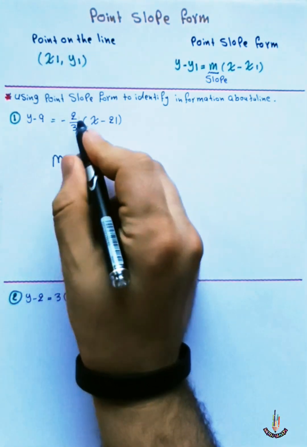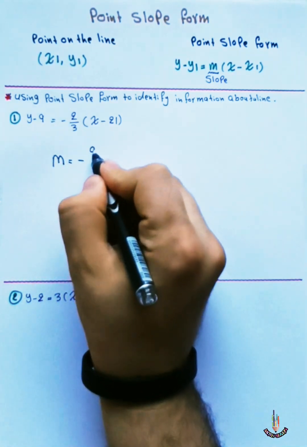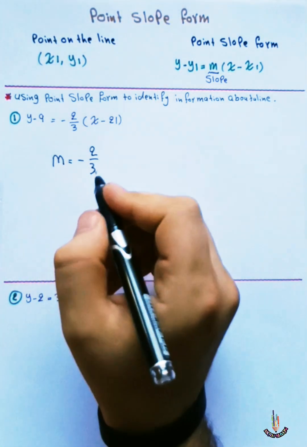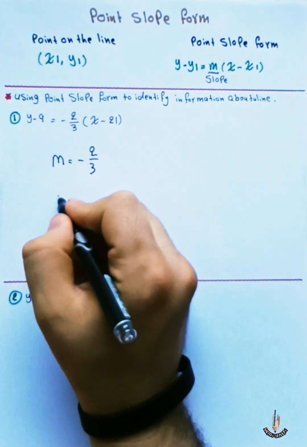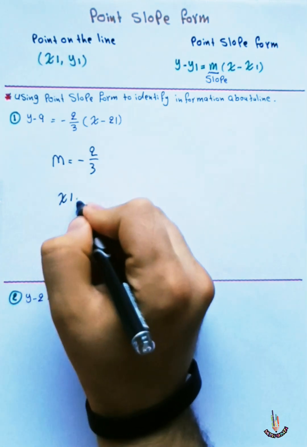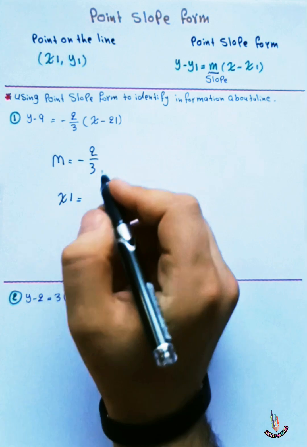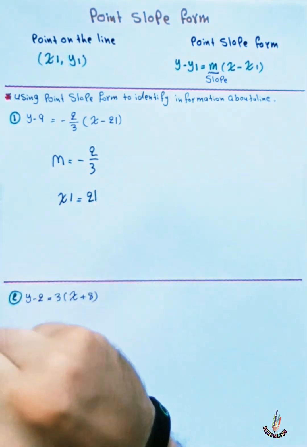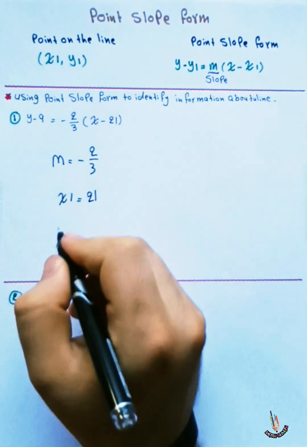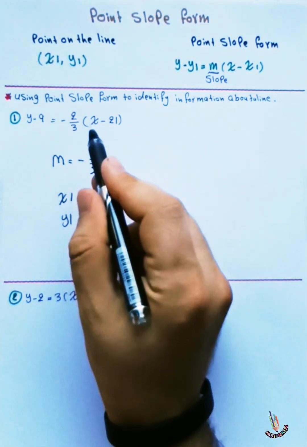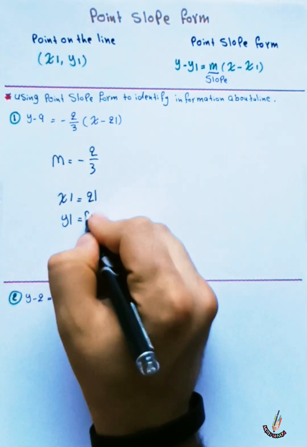The slope is negative 2 out of 3, and the point on the line (x1, y1): x1 is 21 and y1 is 9.